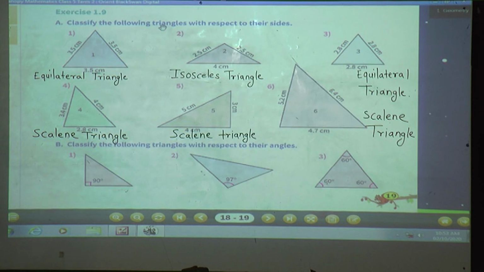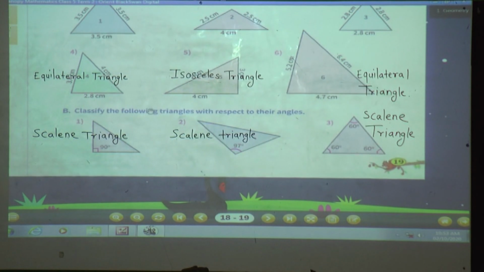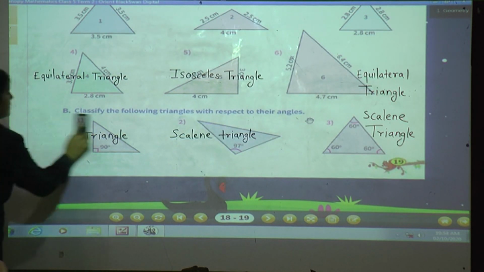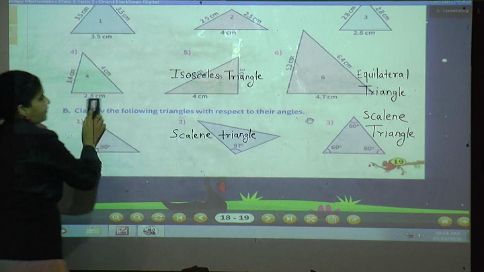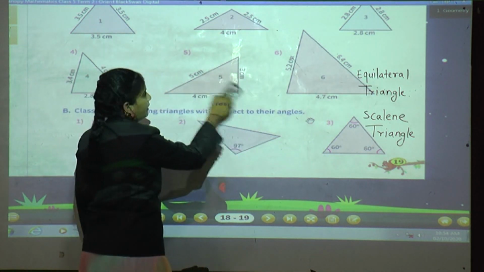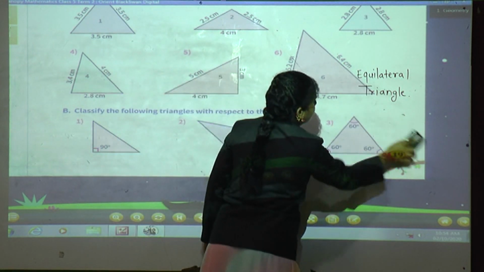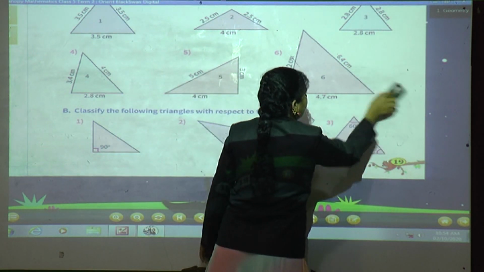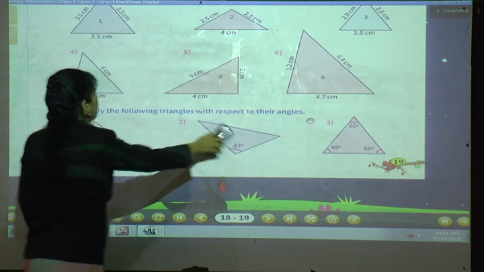Yes students, so we'll see our next question, question number B. Classify the following triangles with respect to their angles. Now the first question we solved by the sides of a triangle. Now the second one we have to find by their angles.